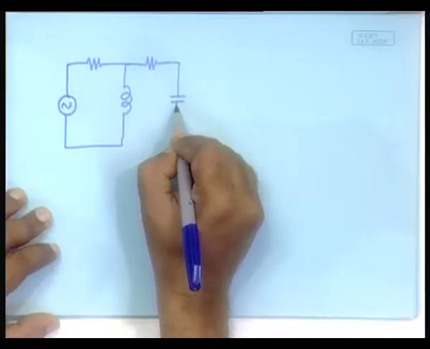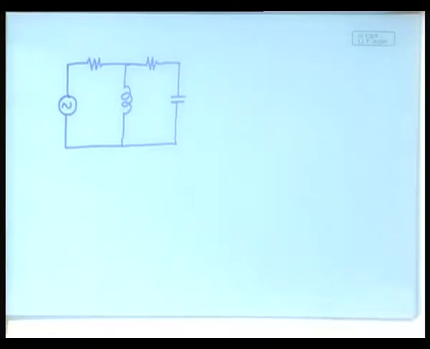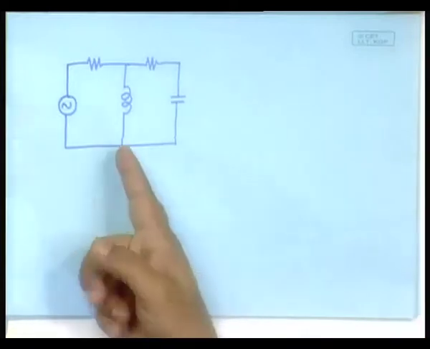Suppose there is a circuit something like this. A simple circuit that does not show any sign of being difficult. No difficulty with this circuit, you can easily connect it.